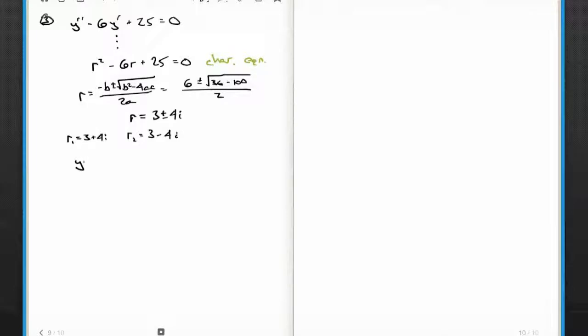y, well, let me write it this way. y1 then equals e to the (3 plus 4i)x, and y2 equals e to the (3 minus 4i)x. All right. Now we can start to do a little algebra here and write this out.